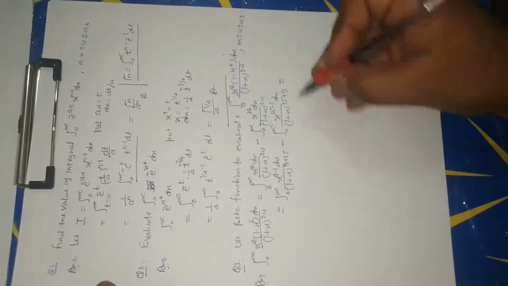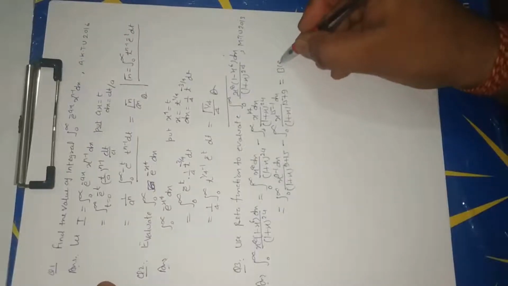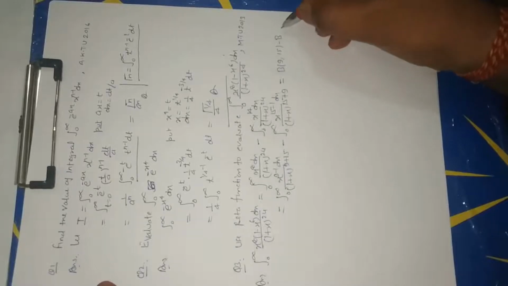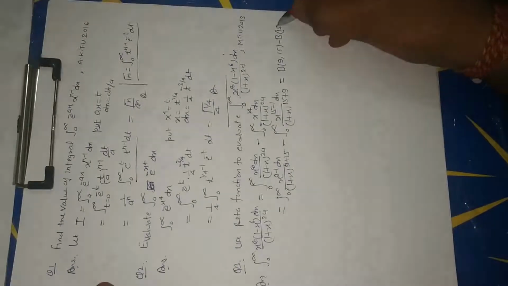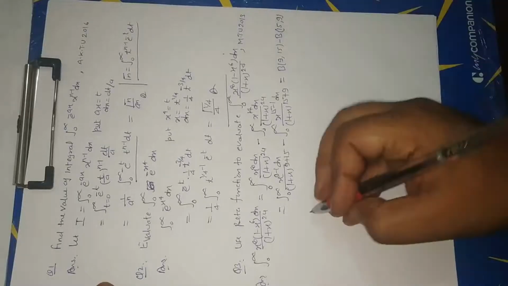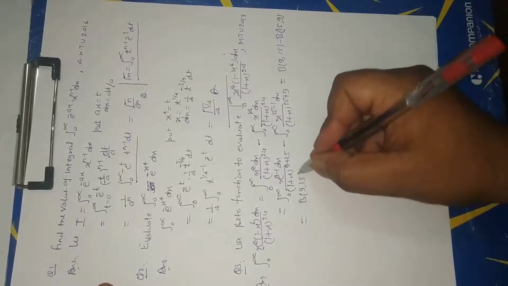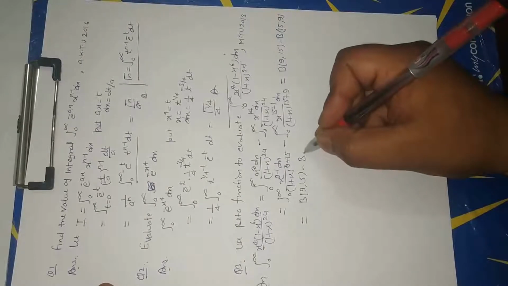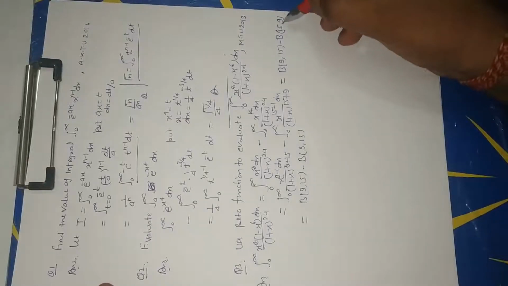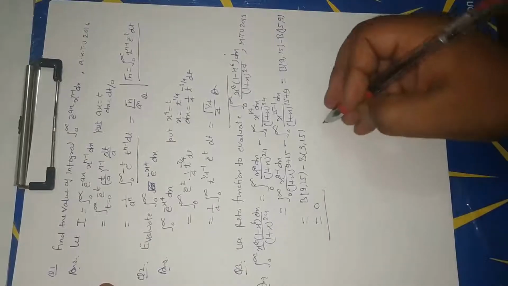This is equal to the first integral, beta 9 comma 15, minus the second integral, beta 15 comma 9. Both are the same, beta 9 comma 15 minus beta 15 comma 9, since the arguments are interchanged, therefore the total value will be 0.